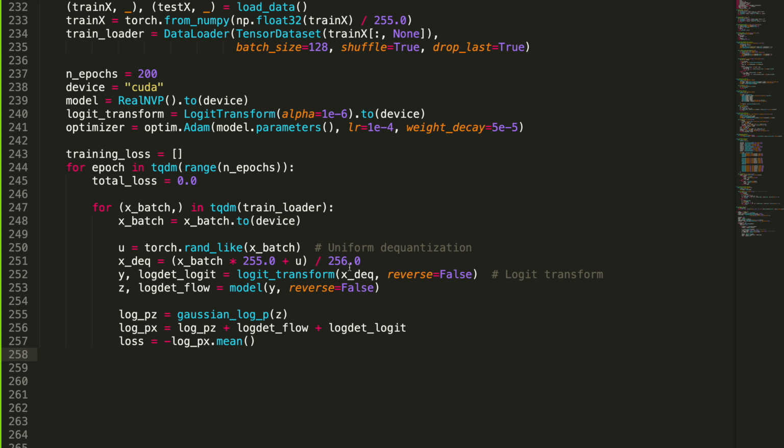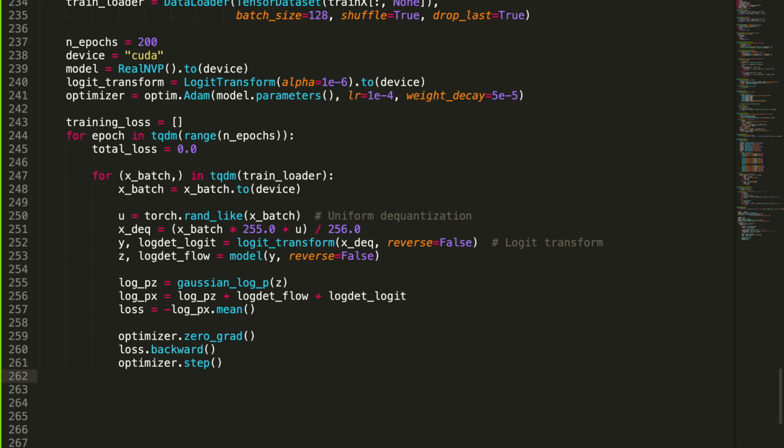And here we added an extra transformation because of this logit, so we should also take into account the log determinant of this transform. Then what we want to do is to maximize this log probability. So when we do gradient descent and minimize the loss, we take the opposite of that. We want to maximize that, so we minimize the opposite. Okay, then we can do a gradient step, and then we are done with the training steps.